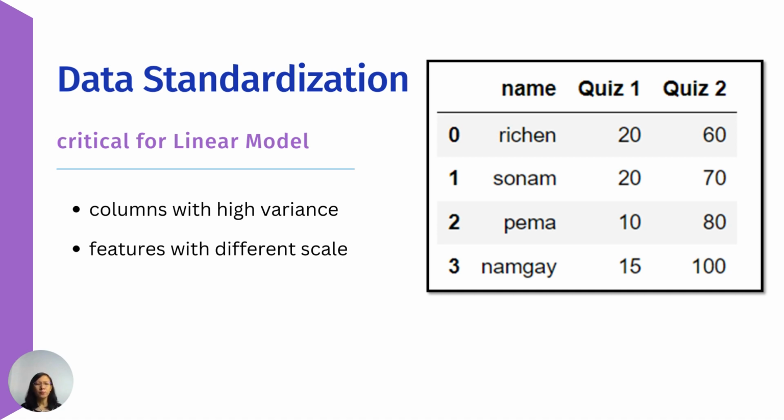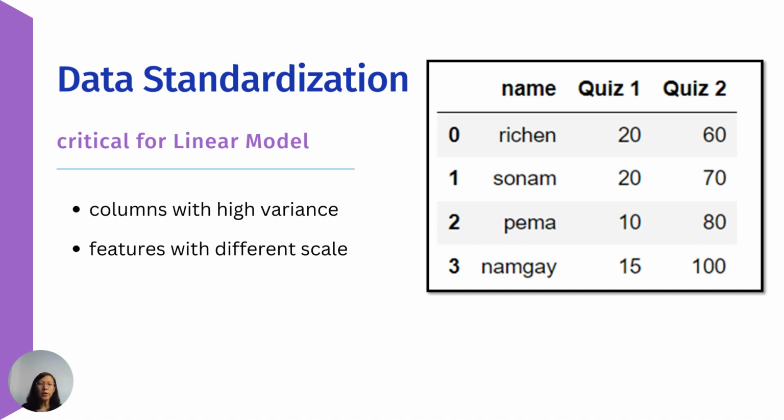Now let's look at the data set given. This data set gives the performance of students in quiz 1 and quiz 2. Our goal for the machine learning model is to predict the scores that the students will get in the final quiz.